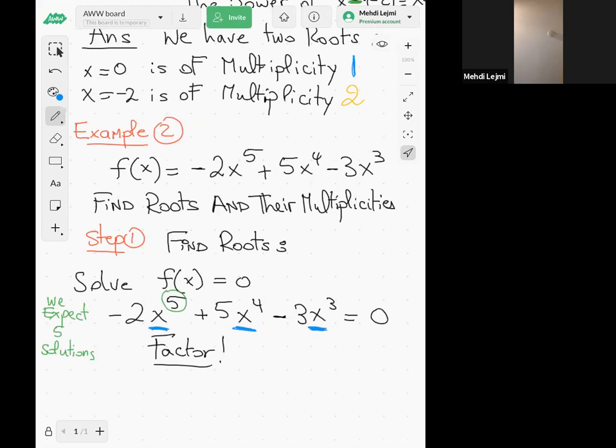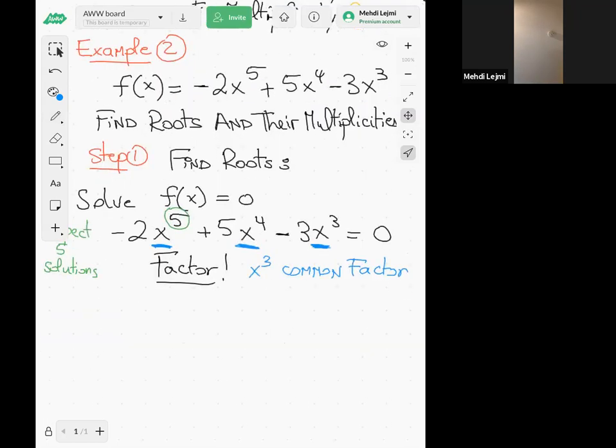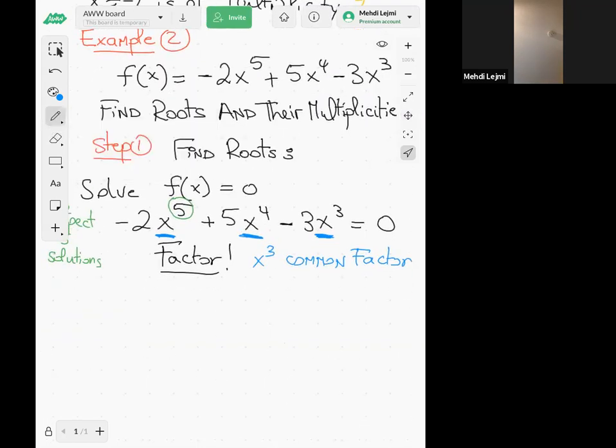So x cubed would be a common factor. So I can factor out this x cubed.